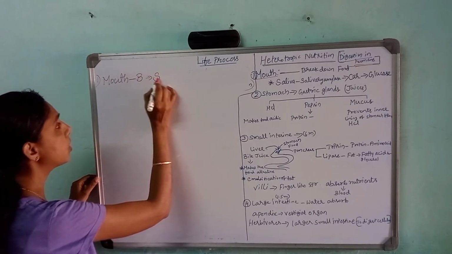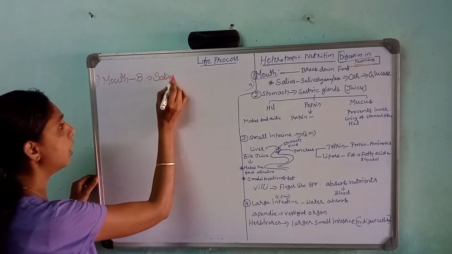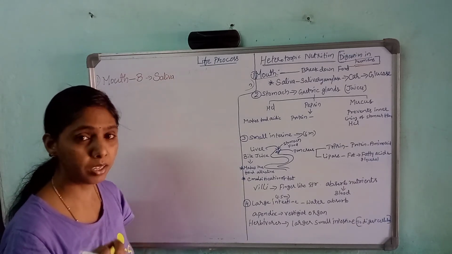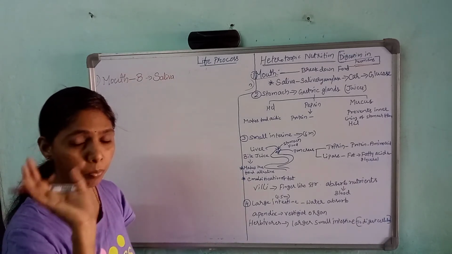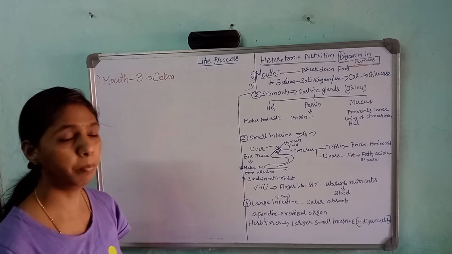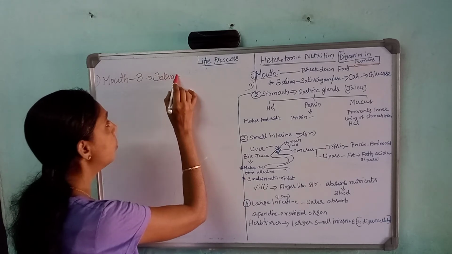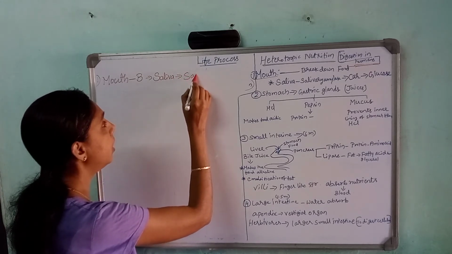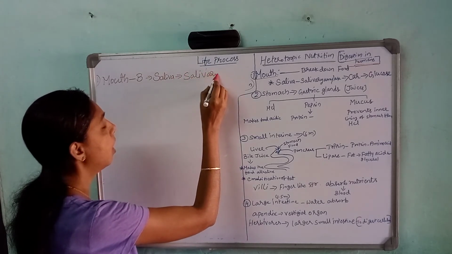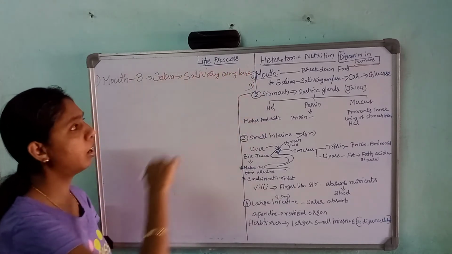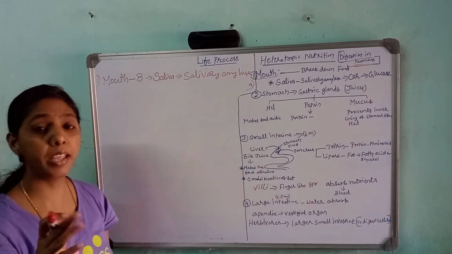With the help of the saliva, it is going to get digested a little bit. That means still more pieces it will make. Your mouth contains saliva, which produces what? Salivary amylase. Saliva contains salivary amylase as an enzyme.